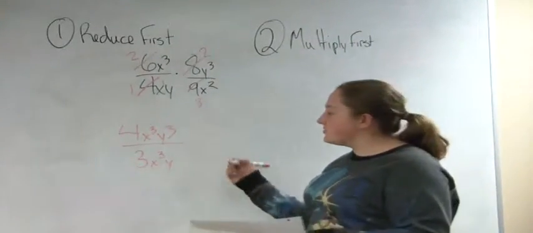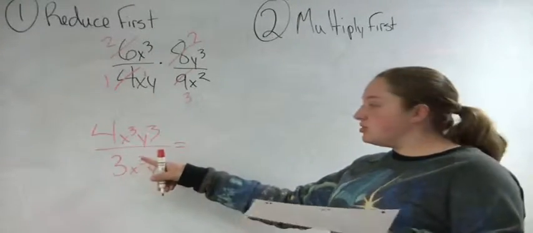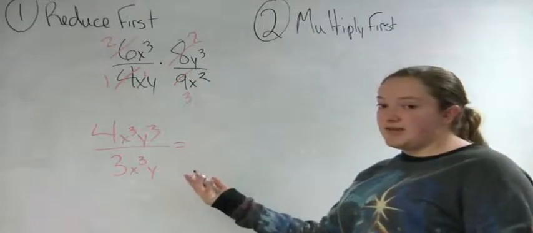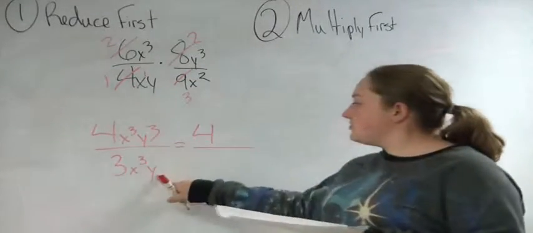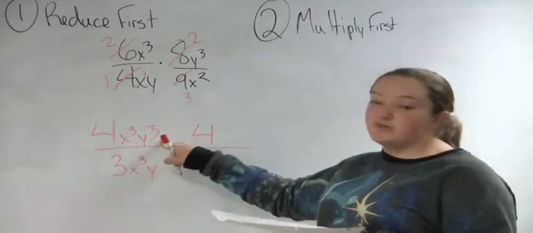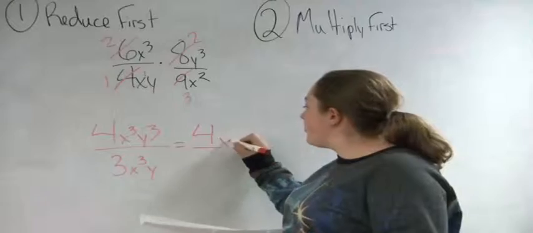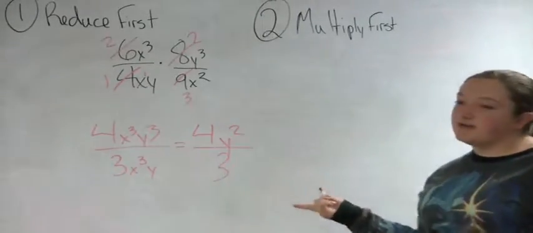Now, I'm going to reduce. Since we have x cubed and x cubed on the top and bottom, they cancel out. So we're left with just 4. And since there's 1 y on the bottom and 3 y's on the top, I'm going to take this y and move it to the top. So it's 4y squared over 3. And that's the final answer.